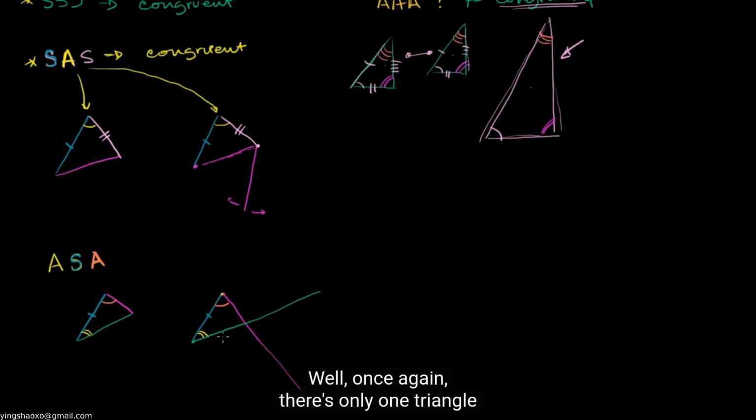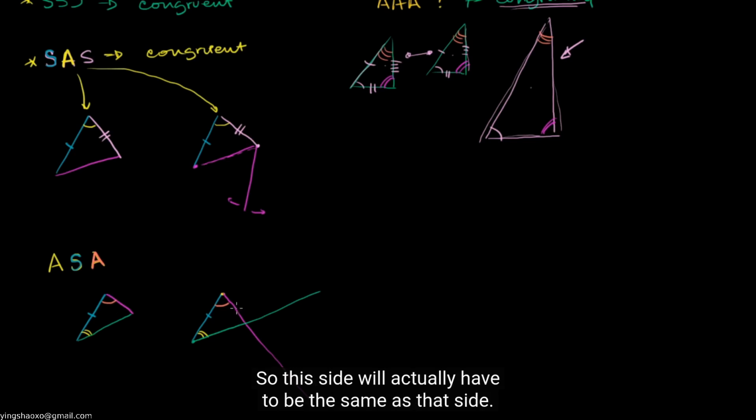Once again, there's only one triangle that can be formed this way. We can say all day that this length could be as long as we want or as short as we want, and this one could be as long as we want or as short as we want. But the only way that they can actually touch each other and form a triangle and have these two angles is if they are the exact same length as these two sides right over here. So this side will actually have to be the same as that side, and this would have to be the same as that side.